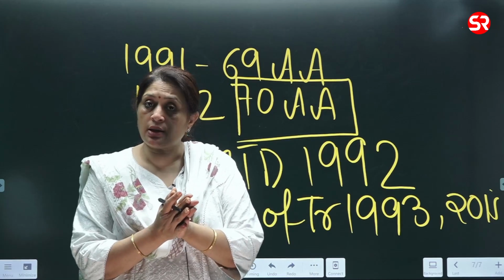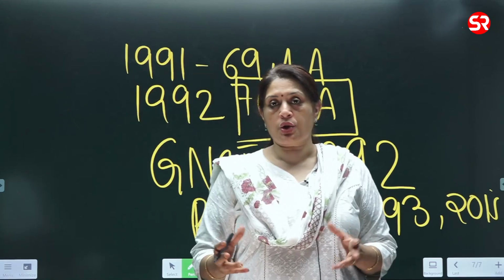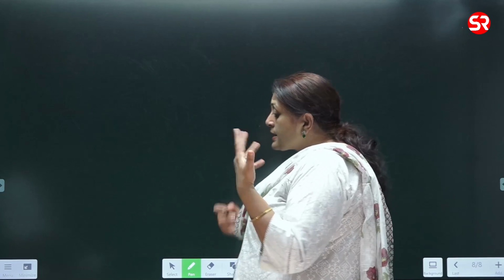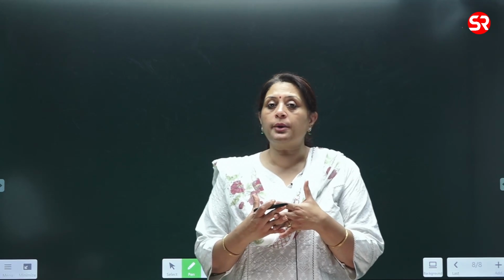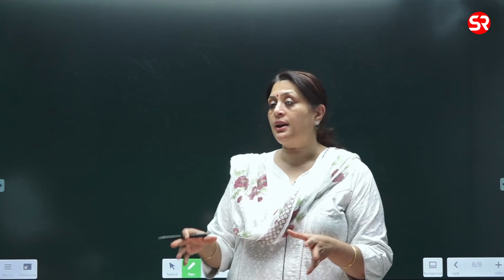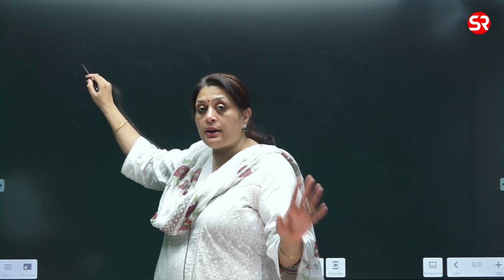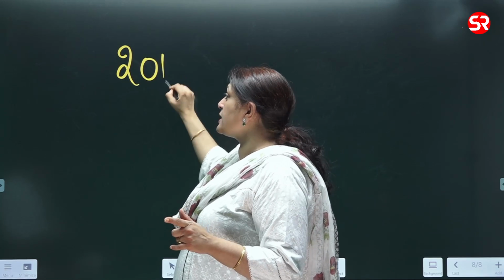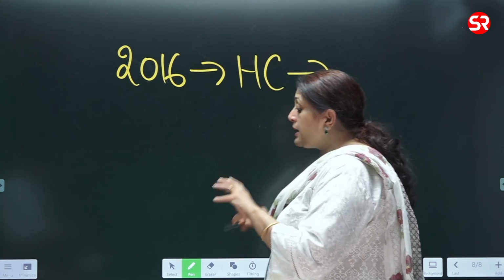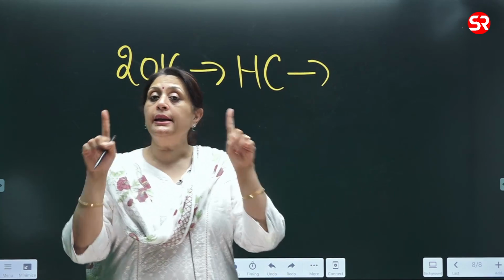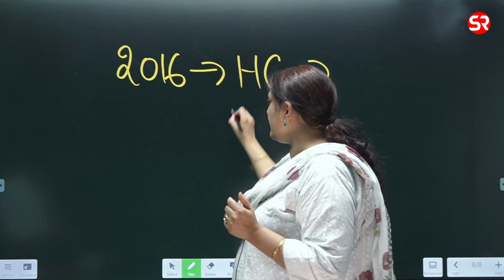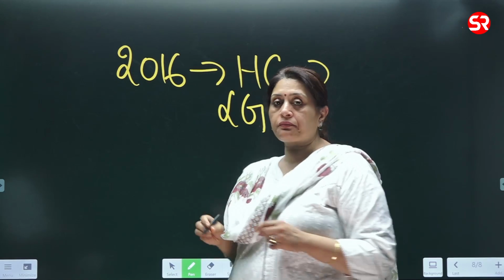So which cases to watch, which events to watch? Basically, once the AAP government started setting up commissions of inquiry and other things, the first important case is the 2016 case, where the Delhi High Court made it clear that Delhi is a union territory and in Delhi the real power lies with the Lieutenant Governor.